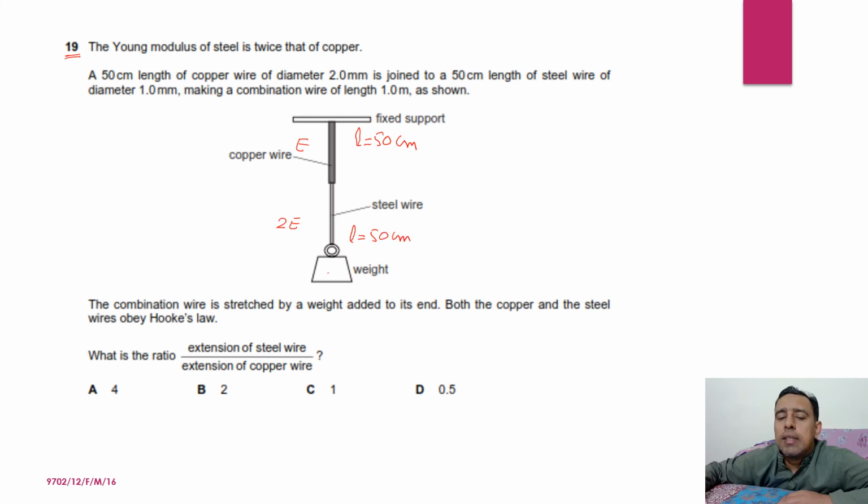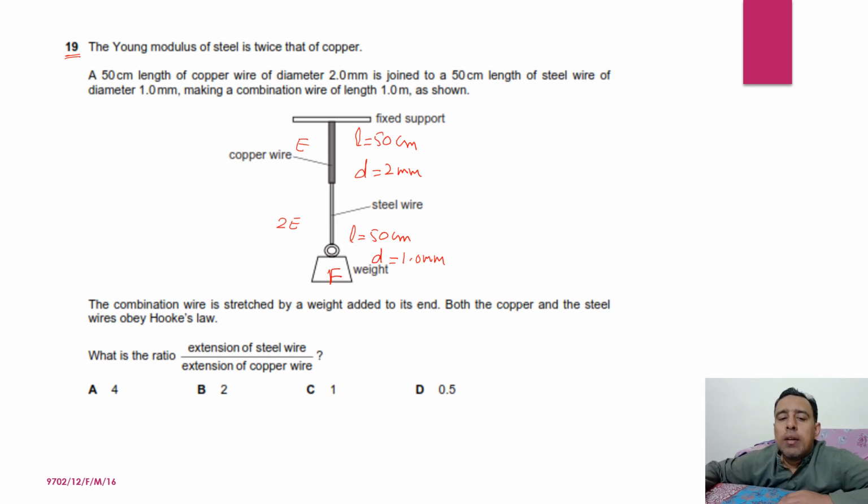The force is the same, which is going to stretch these wires. The diameter of the first wire is 2 millimeter, and the diameter of this steel wire is 1 millimeter.